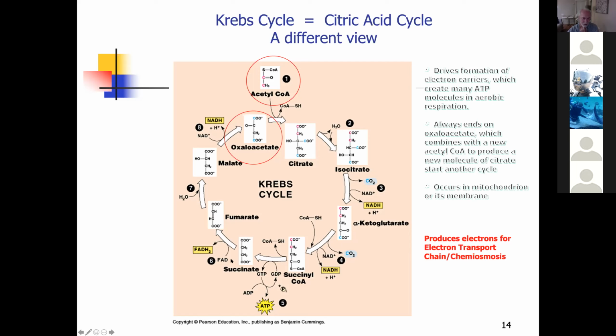And then this goes on, generates some more reduced carriers, and finally back to oxaloacetate, which is then ready to accept another acetyl-CoA and start the cycle all over again.